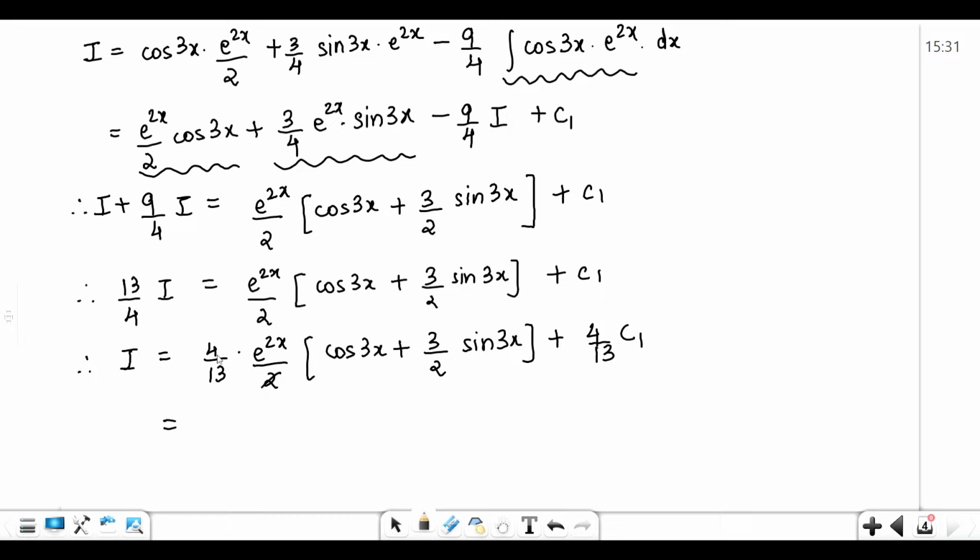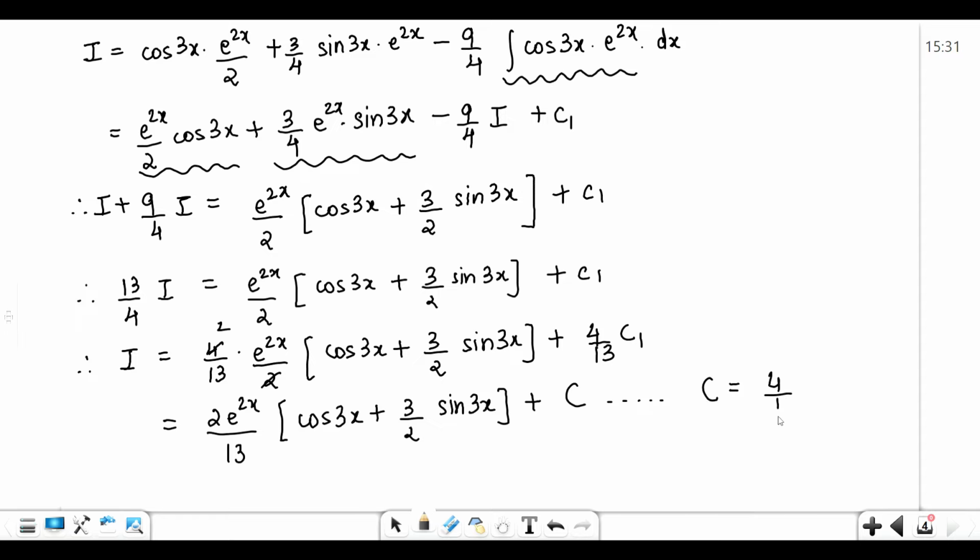This 2 will get cancelled, so 2 e raised to 2x upon 13 times cos 3x plus 3 by 2 sine 3x, and this can be substituted as c, where we will write c is equal to 4 by 13 c1.